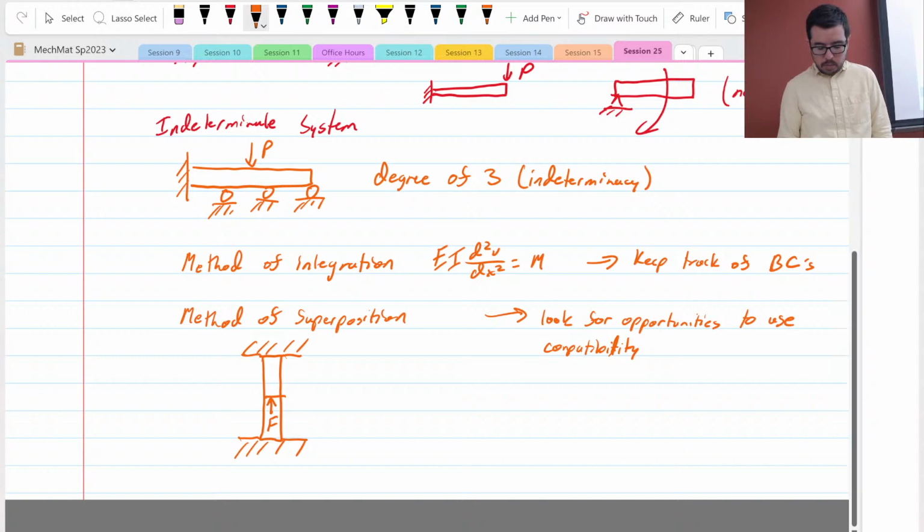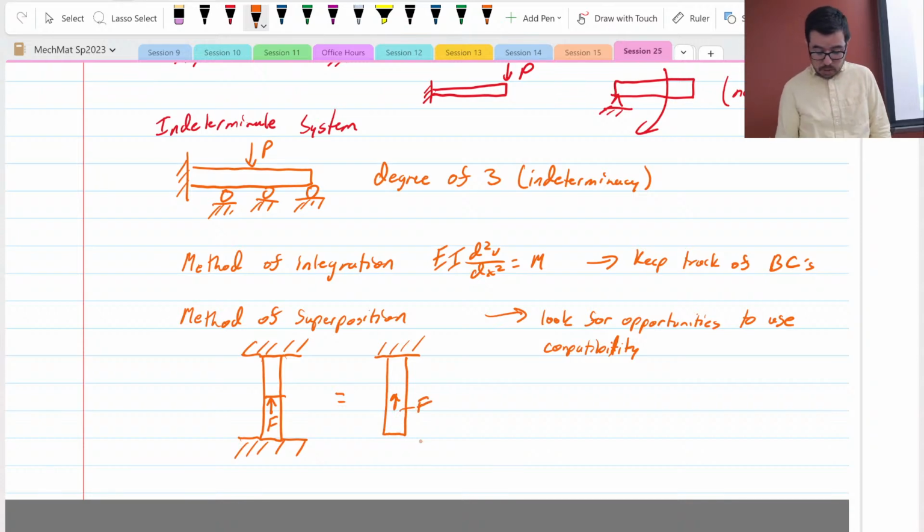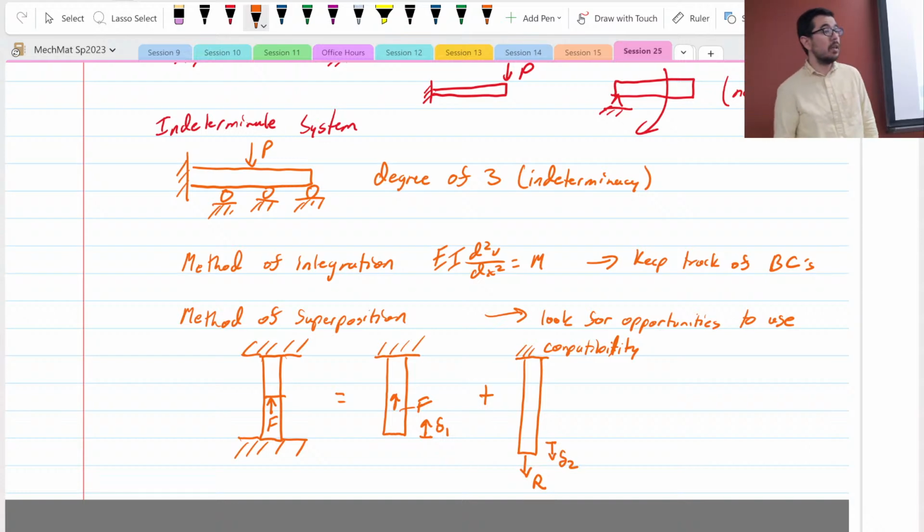And so this was the opportunity to say, oh, well, this can equal this system, where that's a force being applied to it, and I have some displacement up called delta 1, and I've got to have a reaction force at the bottom that gives some extension to compensate.